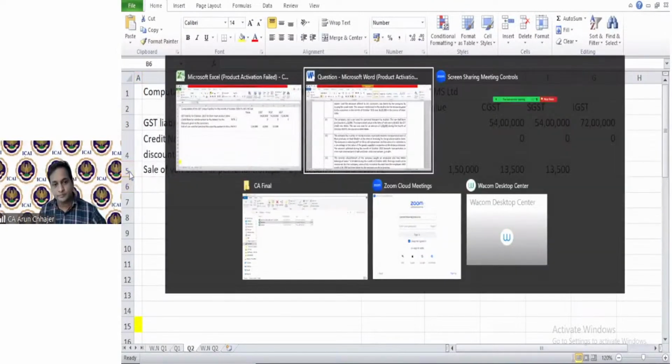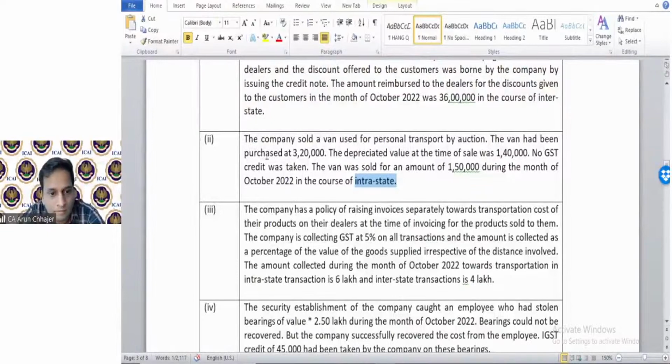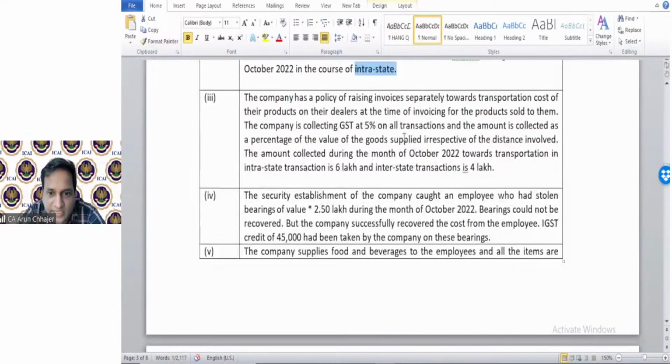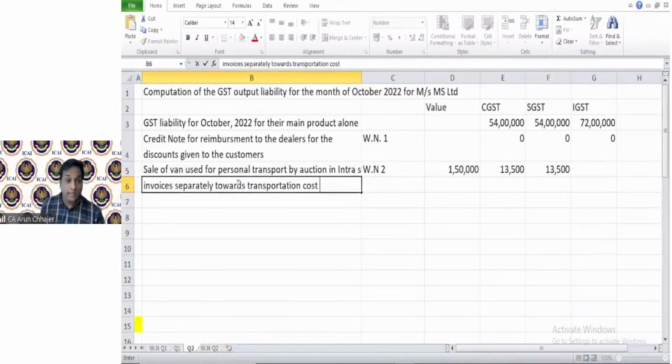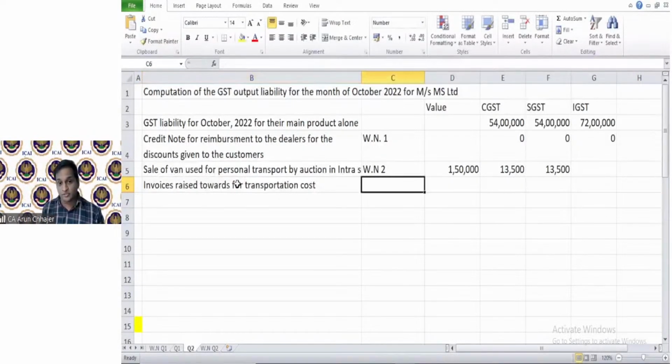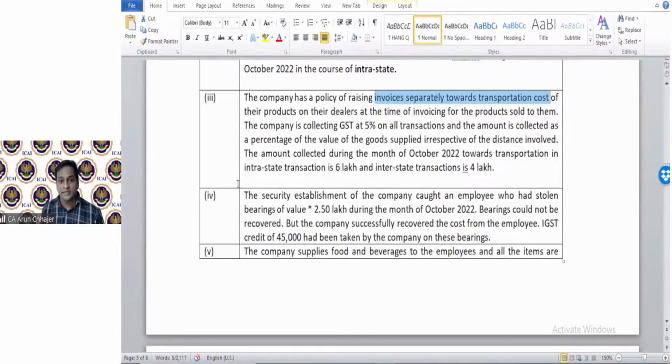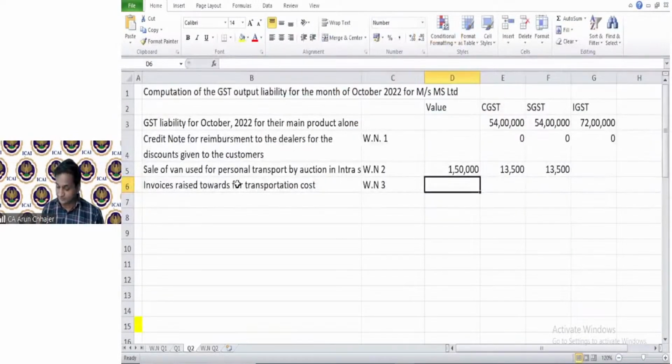Next, company has a policy of raising the invoices separately toward the transportation cost of their product on their dealer at the time of invoicing. Invoices raised separately for transportation cost. Okay. Now I will again write the working note number 3, and what is the value? The value is 6 lakh interest rate total.